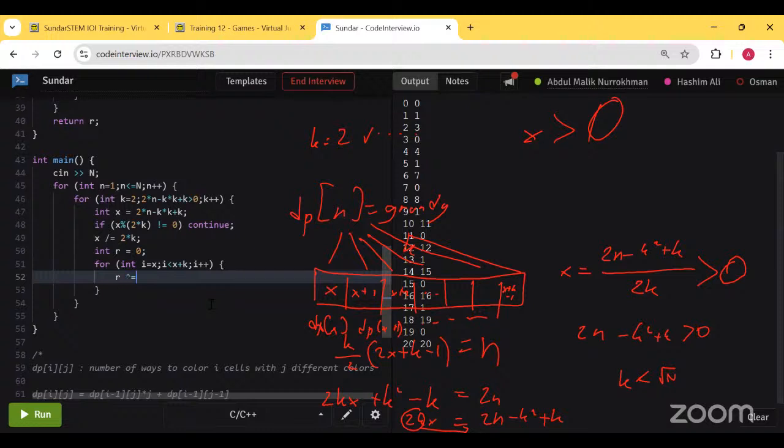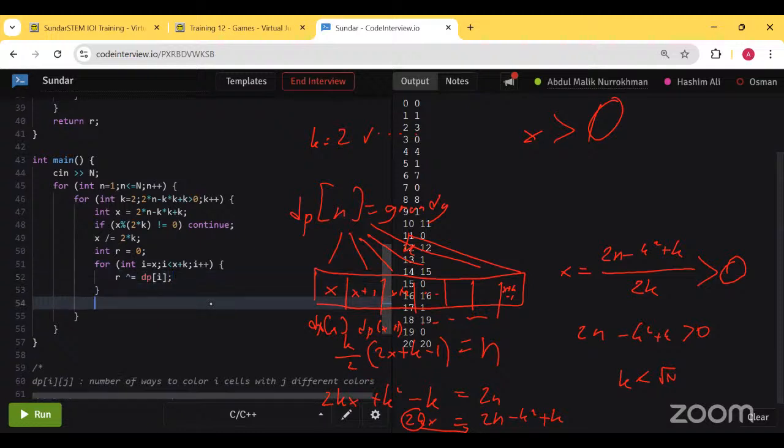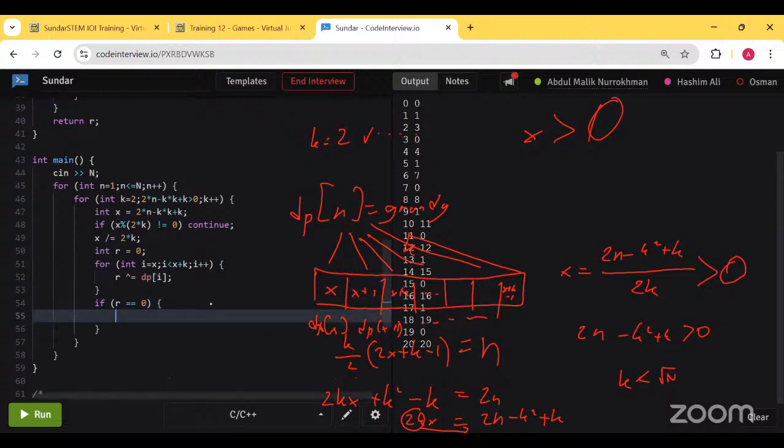We will XOR all of dp[i]. So what does it mean? We will find the XOR of the Grundy number of each pile. If the Grundy number is 0, what does it mean?